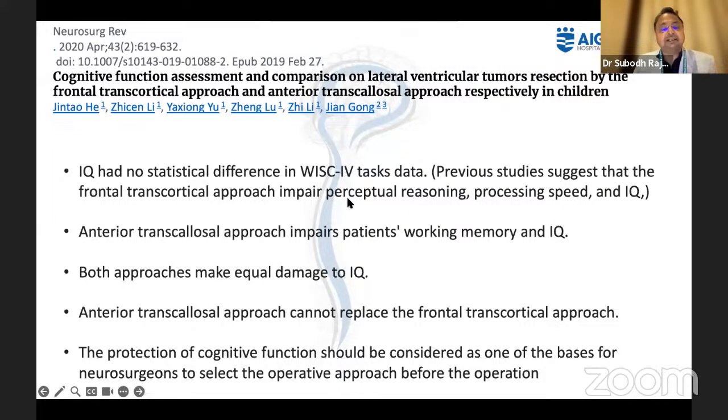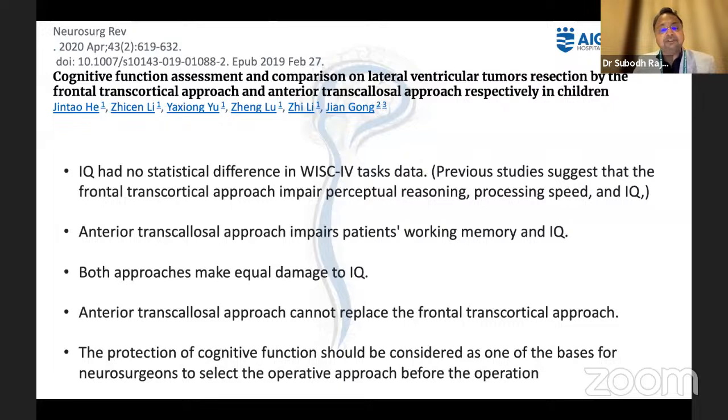But this was not in this article. And the anterior transcallosal approach impairs patients' working memory and a bit of IQ also, though both may damage IQ equally. And anterior transcallosal approaches in some conditions cannot replace a frontal transcortical approach, but vis-a-vis these things, we can't tell that transcallosal is better or transcortical is better in these cases.